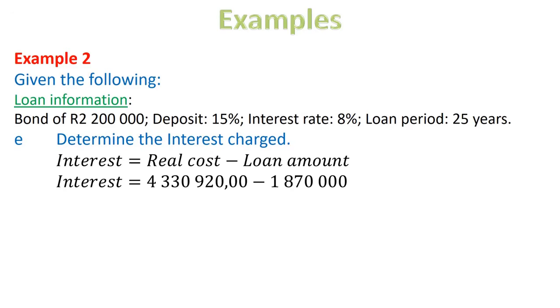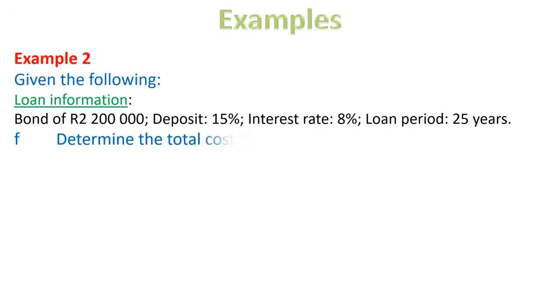We put that in our calculator, we press equals, and that means the interest that we've had to pay is 2,460,920. Okay, so almost 2.5 million Rand we've had to pay in interest.